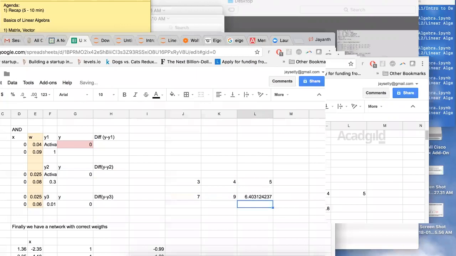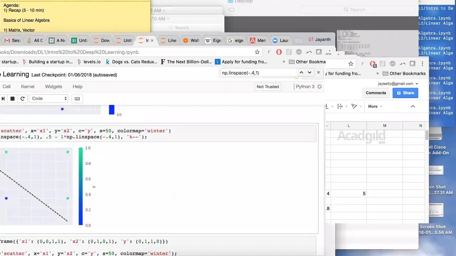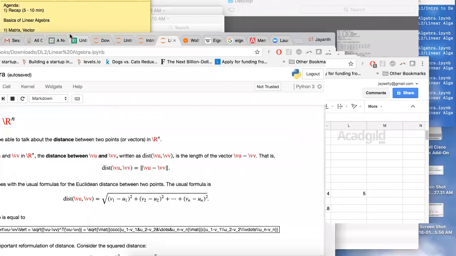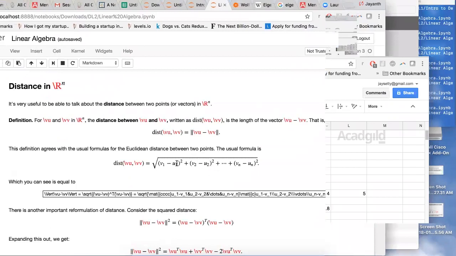So that's the distance between these two points, 3, 4 and 7, 9. If you have n points, it's just the differences, take the squares, sum them, and take the square root.